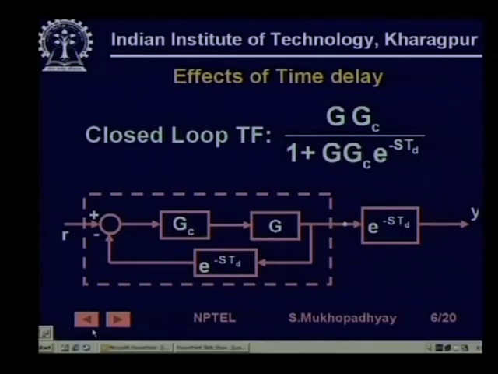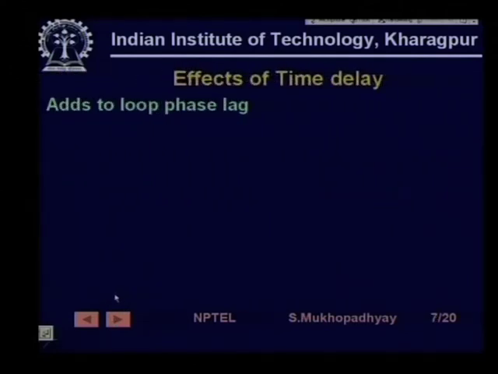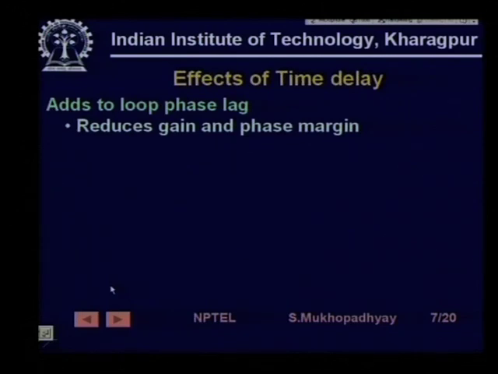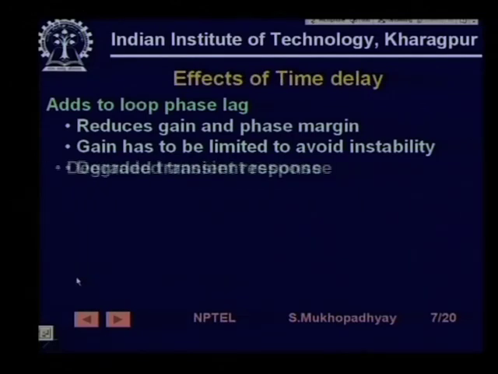So this adds to loop phase lag, and therefore, as we will see in greater detail, it reduces gain and phase margin. How does it reduce them? We will see that. It also means the gain has to be limited to avoid instability. Obviously, if your gain margin is reduced, then the allowable level of gain becomes lower, so you must use a lower gain.